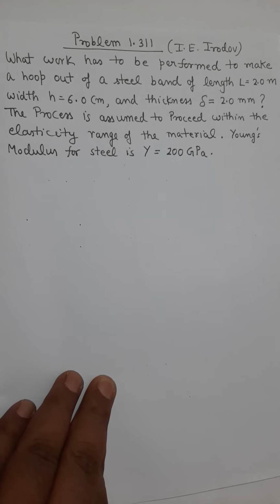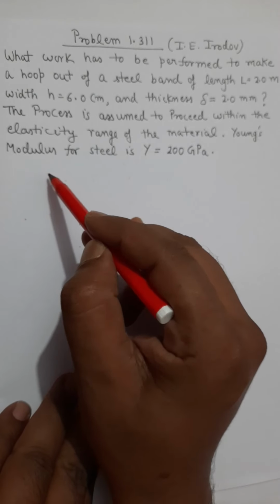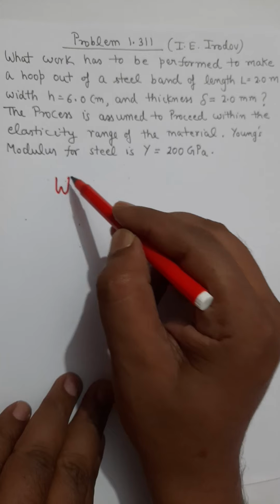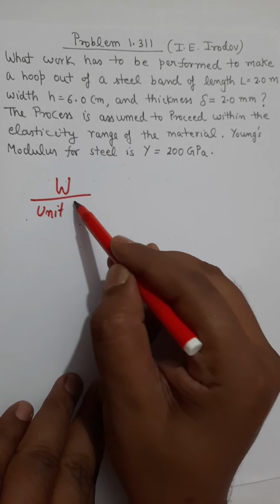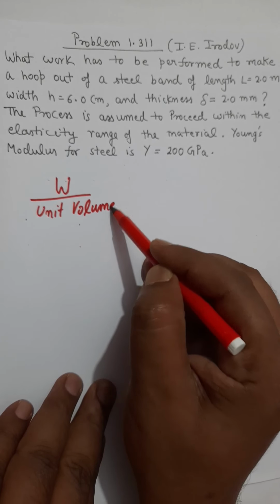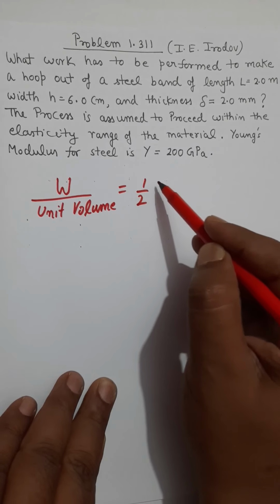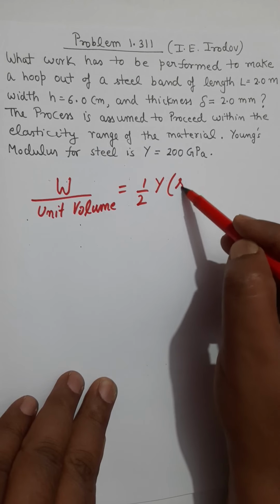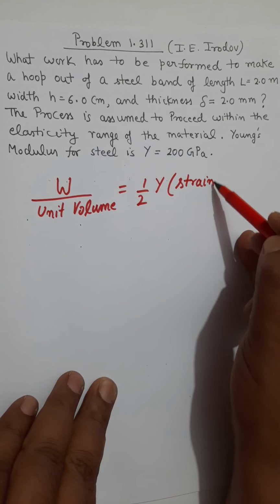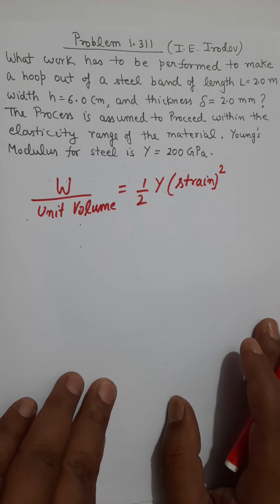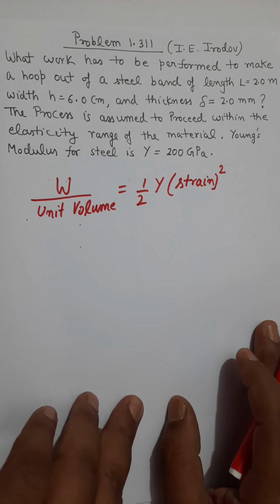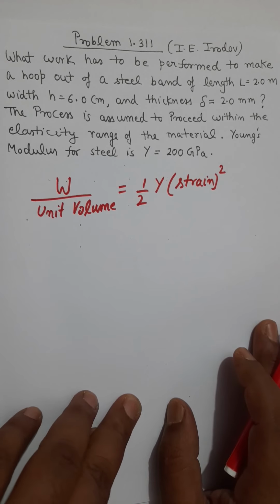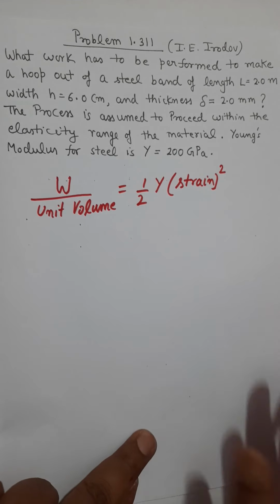As far as concept is concerned, the work required for the unit volume of the elastic material is given as 1 by 2, Young's modulus Y and strain square. So if somehow you can find out the strain in the material, then you can find how much work we have to do for the unit volume.